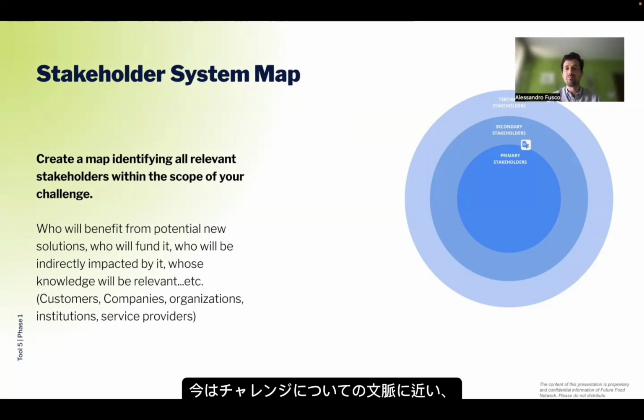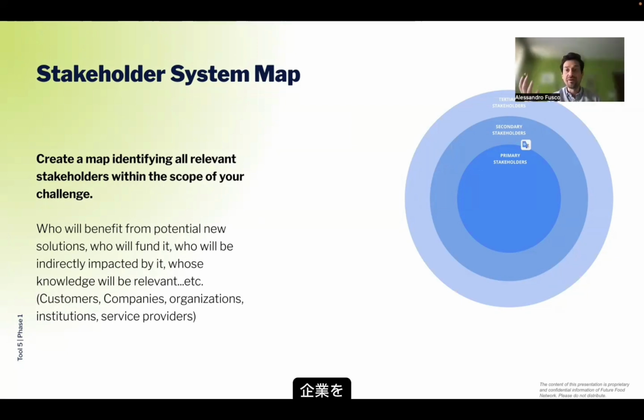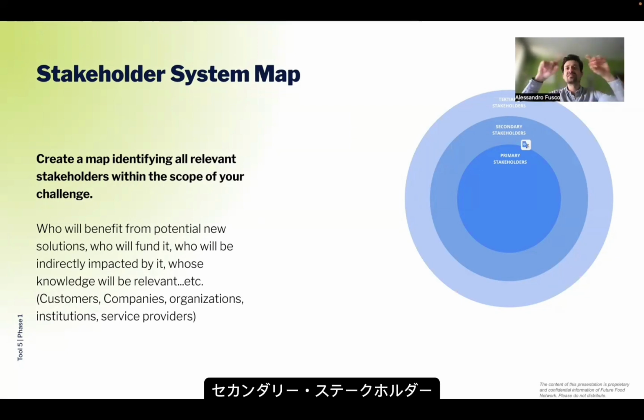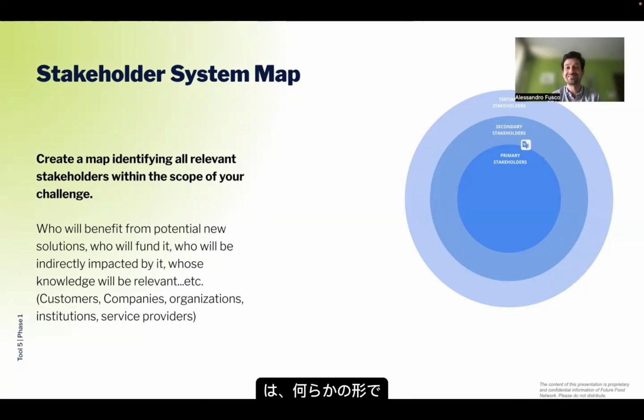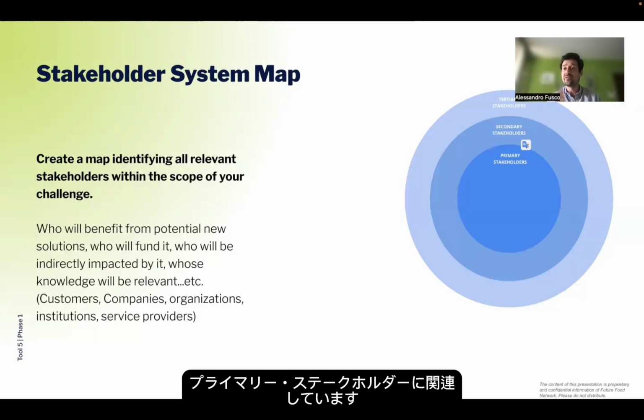This is the moment to map all the people, the organizations, companies that are close to the context that your challenge is about. The secondary stakeholders are the stakeholders that are in some way connected to the primary. So we can say also direct stakeholders. And the last circle, tertiary stakeholders, are, let me say, the indirect stakeholders.